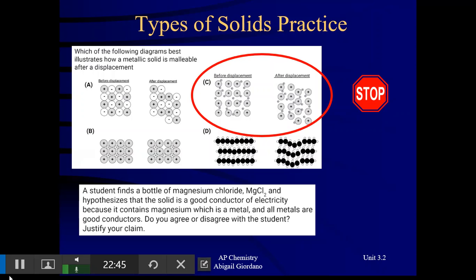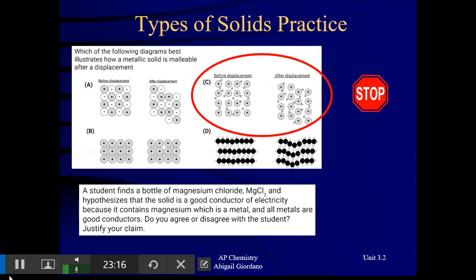Okay, magnesium metal, pure metal, is a good conductor, but magnesium ion, when it is locked in that crystalline lattice structure, which ionic compounds are, there's not going to be any electricity conducted because those ions are held together so tightly. They can't flow, they can't move. Electricity is not going to be conducted in a solid ionic compound.